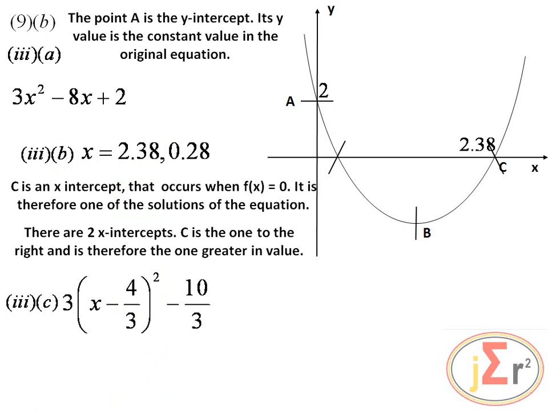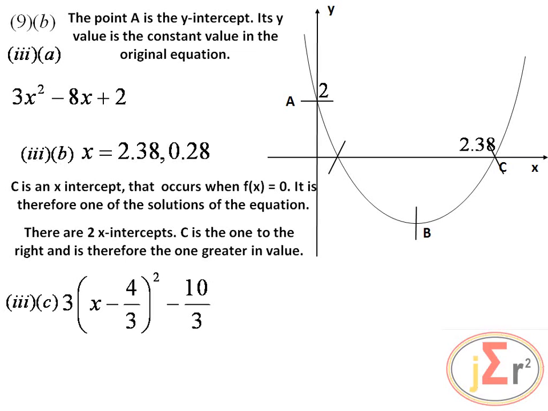What do we know? We are required to insert the x and y coordinates of B. How do we do that? And this is why I enjoy this problem, because beforehand we have completed the square.